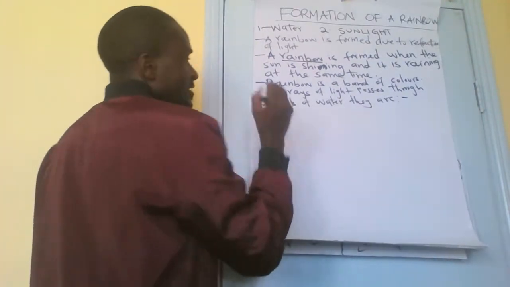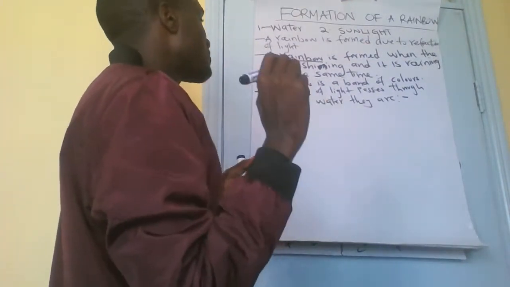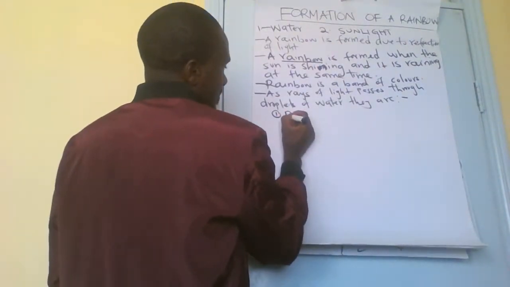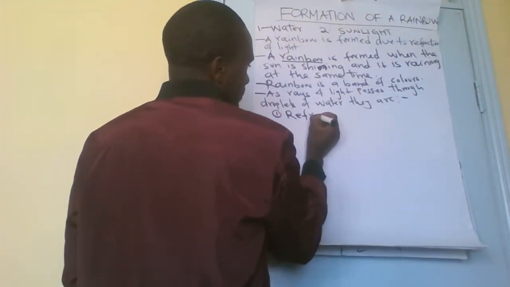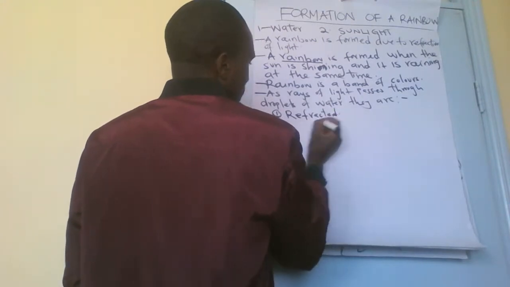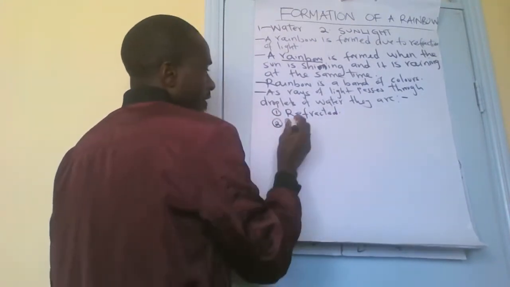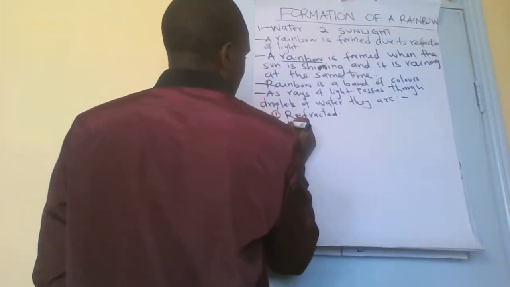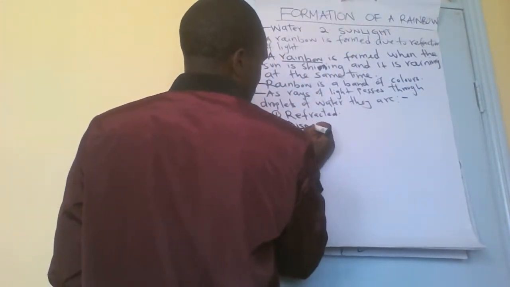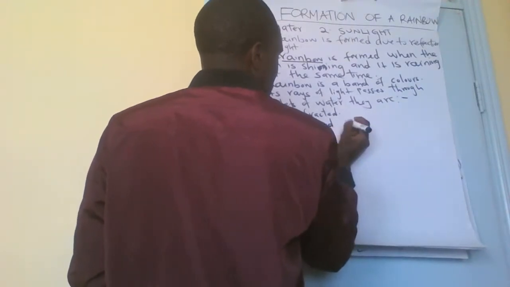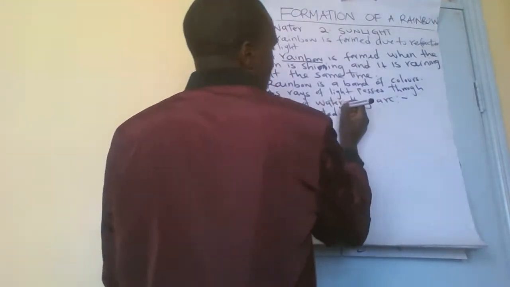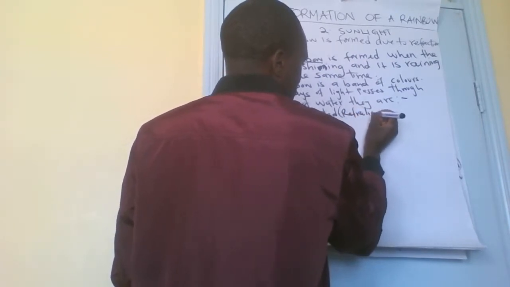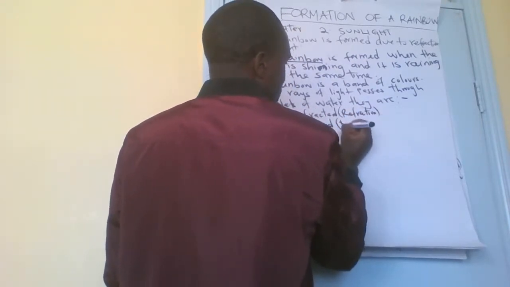One, they are refracted. And number two, they are dispersed, which means there is refraction taking place and there is dispersion which takes place.